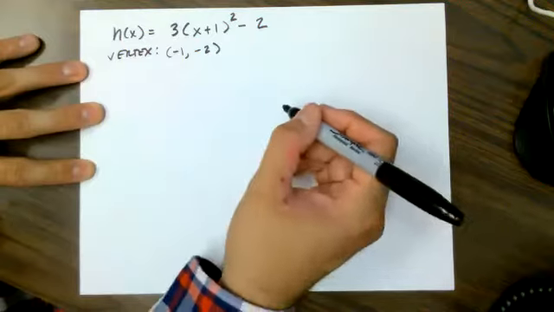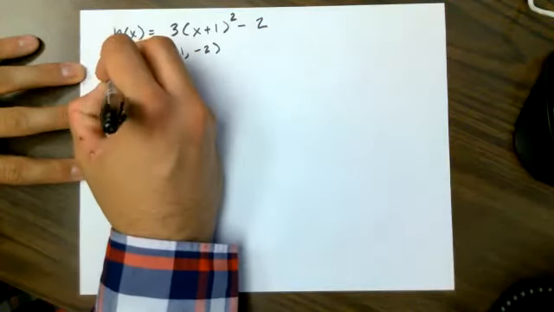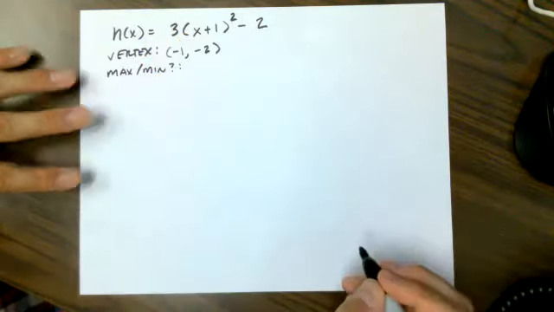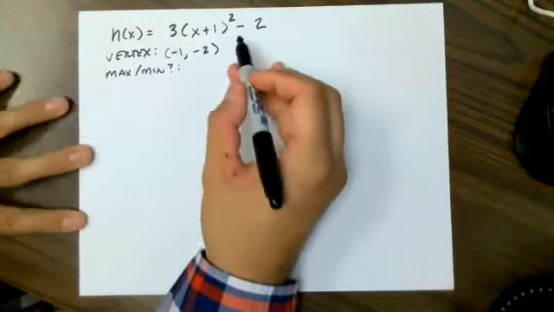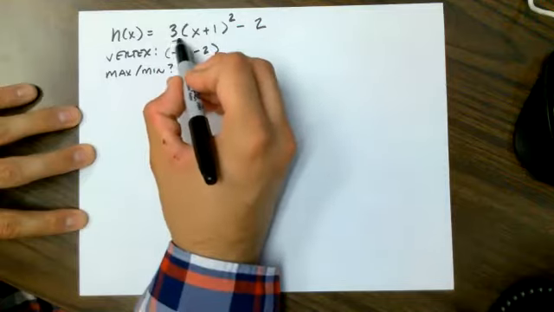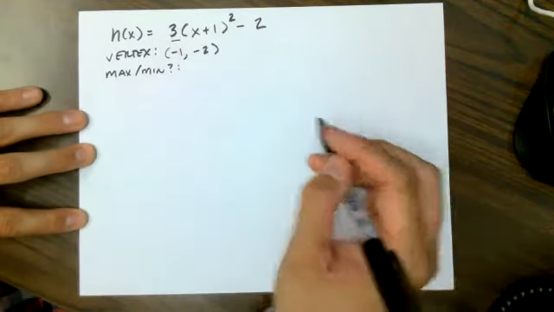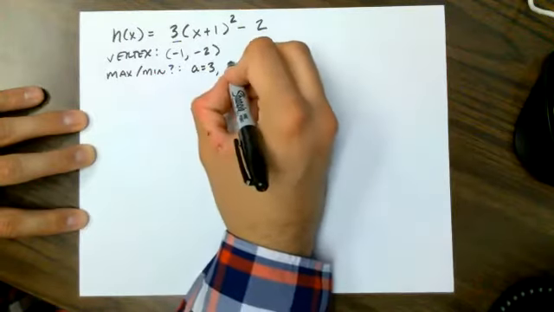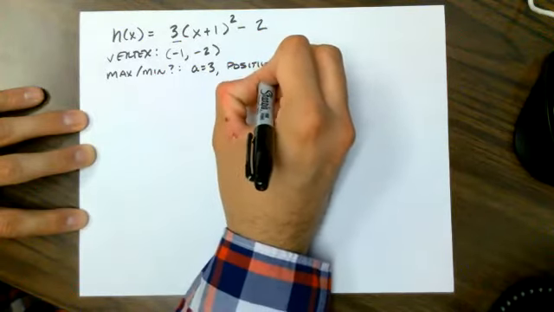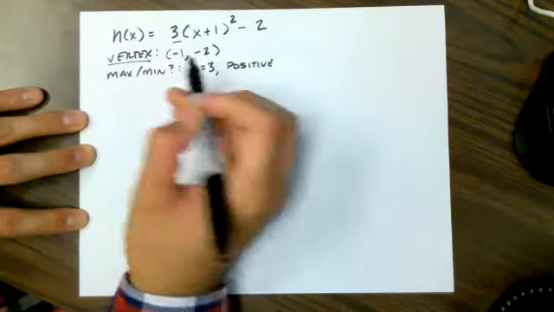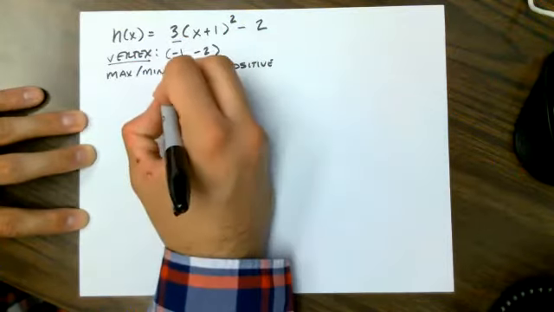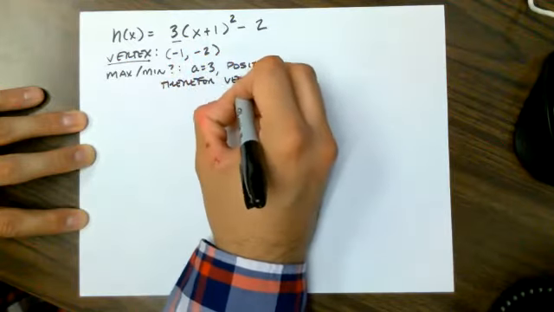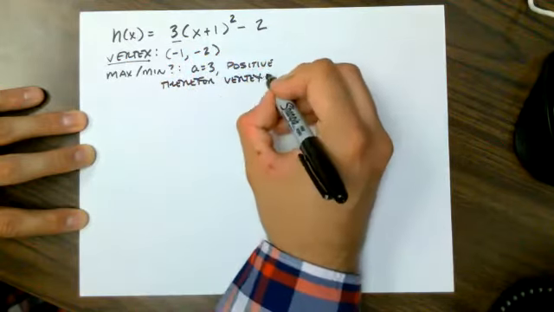Now, the next part I'm going to ask is this: is this a max or a min? Well, to figure out if it's a max or min, you've got to look at this a value. So a equals 3, and because it's positive, the vertex is going to be a minimum.